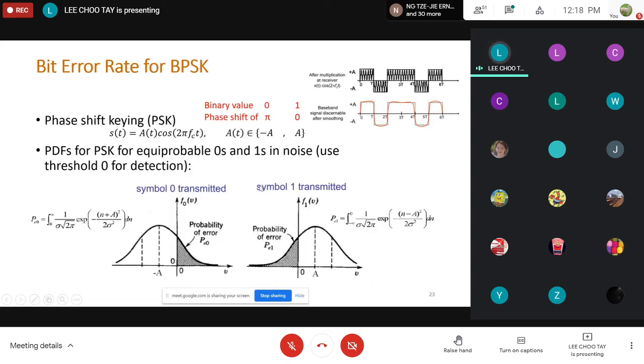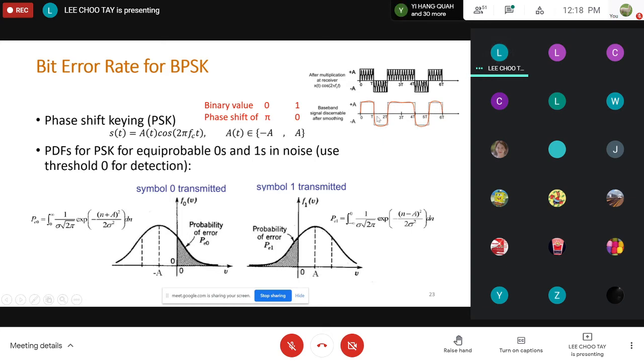Then about BPSK. In BPSK, we send the signal using two different phase angles, isn't it? That results in the amplitude of 1 being positive and the amplitude of 0 being negative. So at the receiver, after multiplication, you get your signal back, which is very similar to polar signaling.